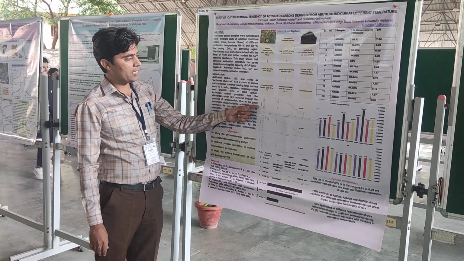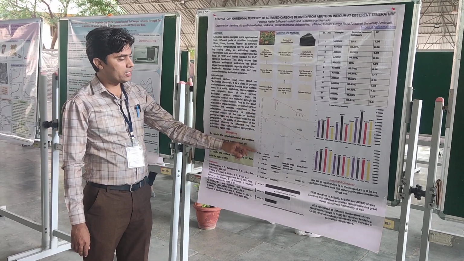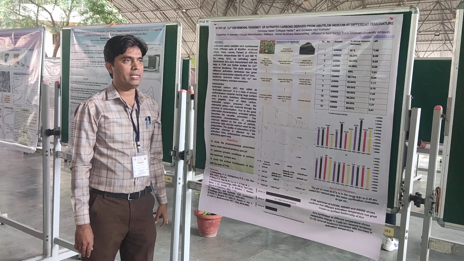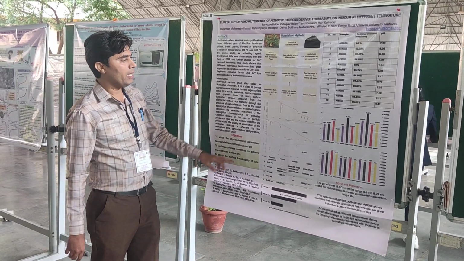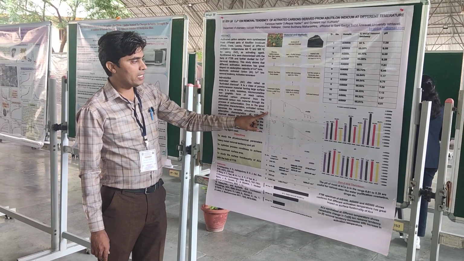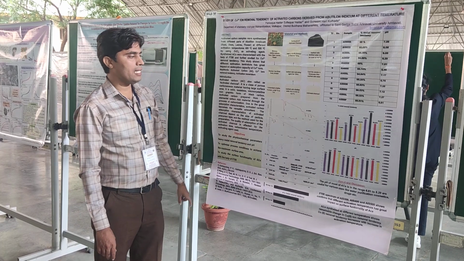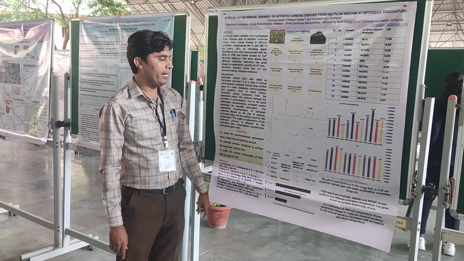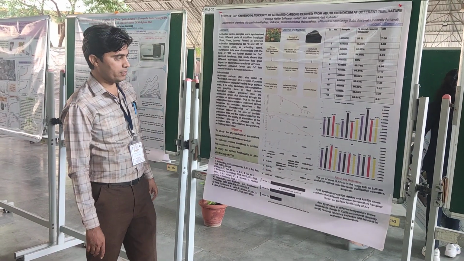So these are the IR spectra of the activated charcoal, which tell us about its characteristics or its surface functionality. Here you can easily see, this is a charcoal manufactured at 300 degrees Celsius, this sample activated at 400 degrees Celsius, and this one activated at 500 degrees Celsius.